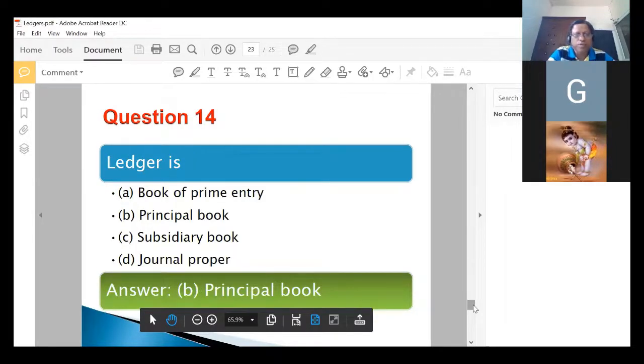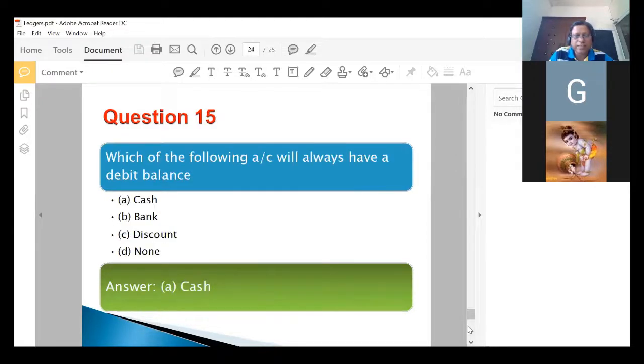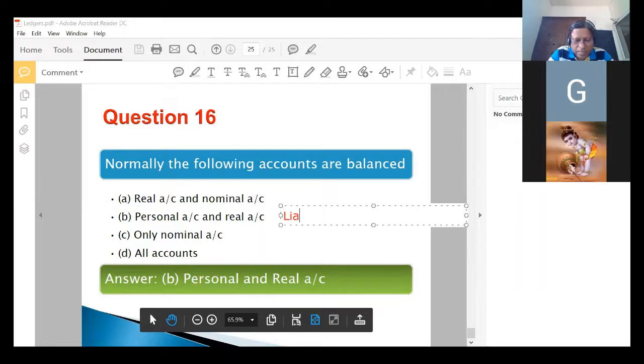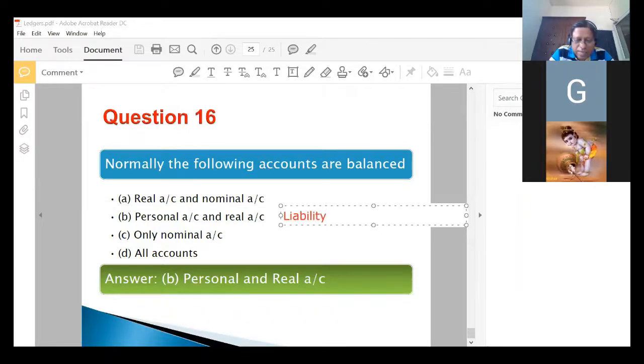Ledger is a principal book that we have already discussed. Which of the following accounts will always have a debit balance? Cash will always have a debit balance. Discount, we need to see whether discount given or discount received. Normally, which accounts are balanced? Personal and real accounts. Personal and real accounts are nothing but liability and asset. Liability is a personal account.